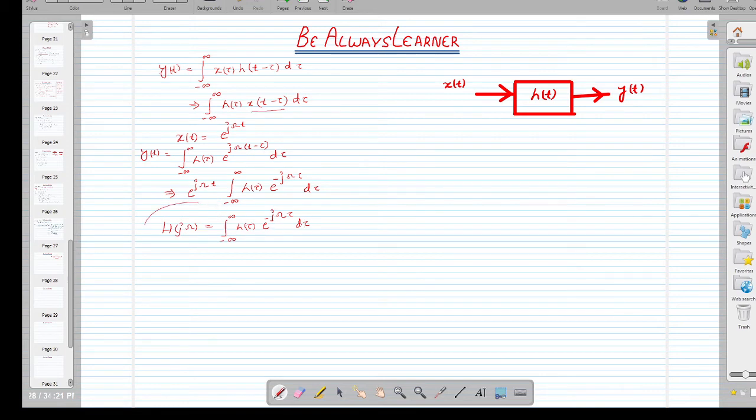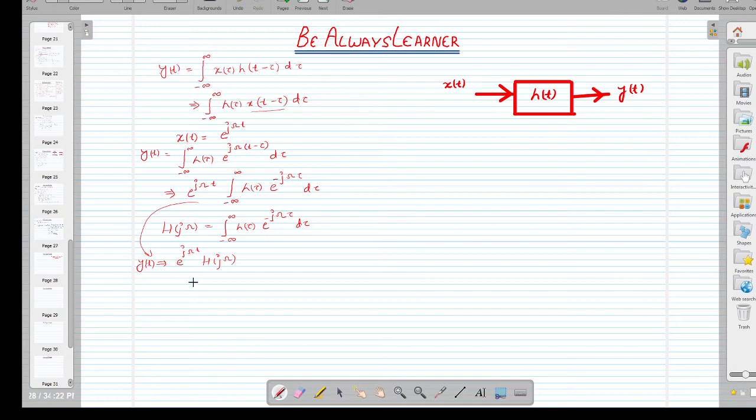Now we can put this value into this equation and we will reach a point where we can get the y(t) by this equation, by putting the value, and that is equal to y(t).